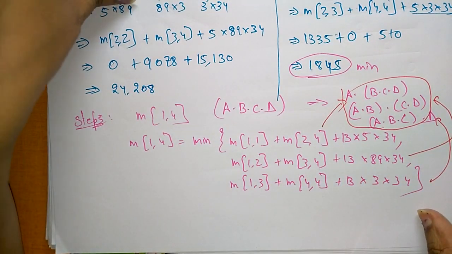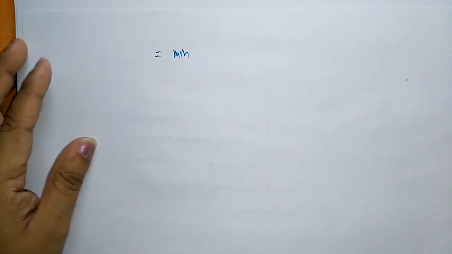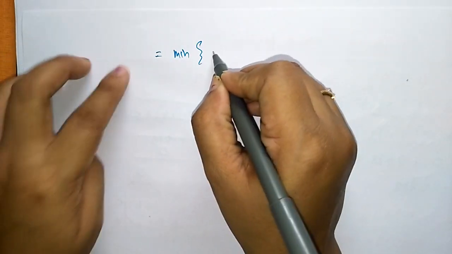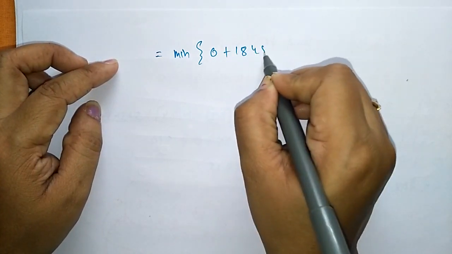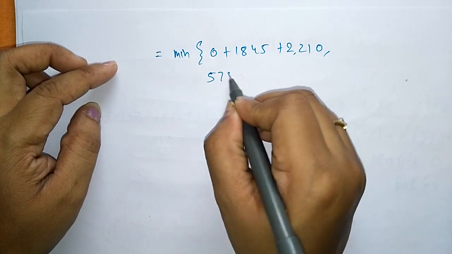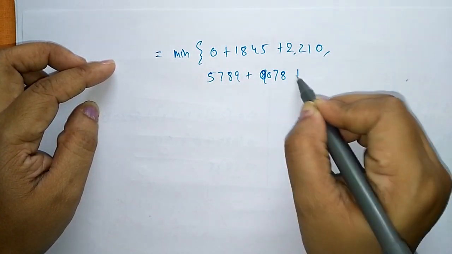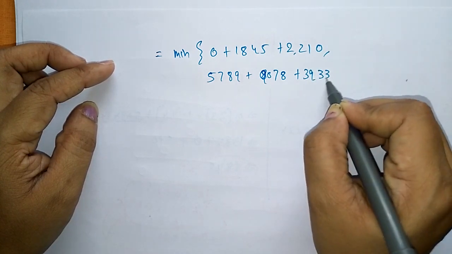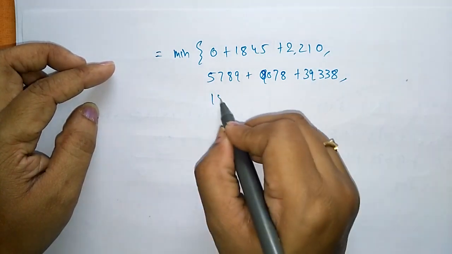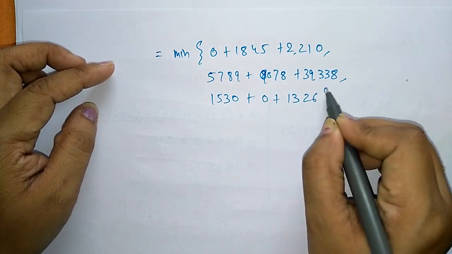And the final, if you calculate everything, you'll get minimum of 0 plus 185 plus 2210, comma 5785 plus 0 plus 9078 plus 39338, comma 1530 plus 0 plus 1326.